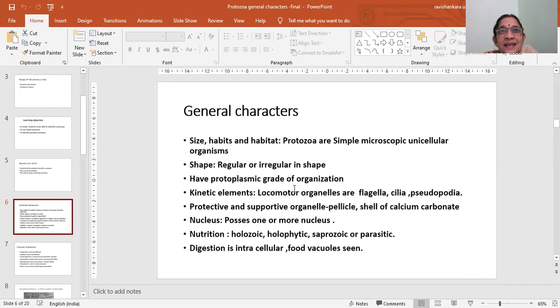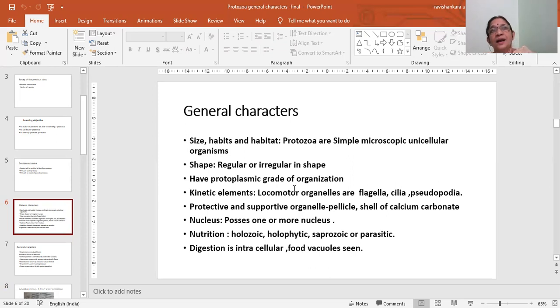As you know, a cell is microscopic, and similarly are the protozoans. Single celled or unicellular animals are sometimes also called acellular animals, and their size is measured in microns. 1 millimeter is 1000 micrometers; if you divide 1 millimeter 1000 times, you will get 1 micrometer.